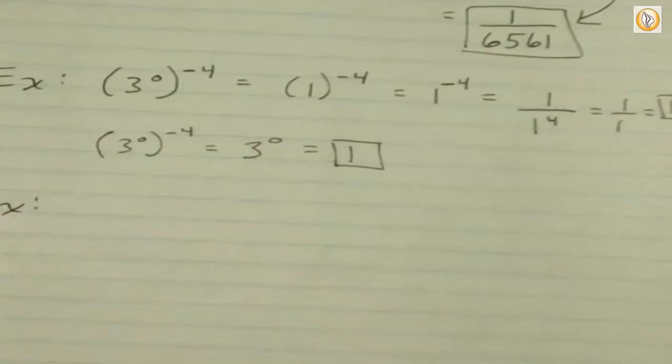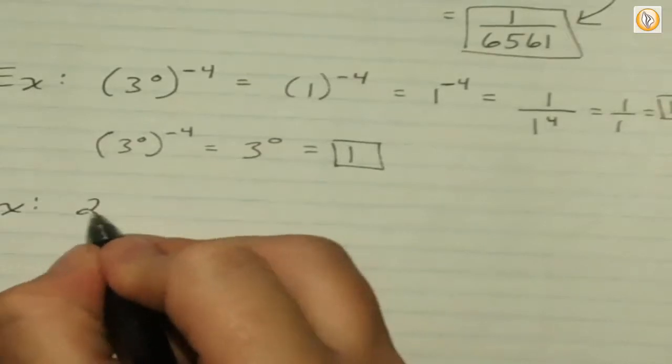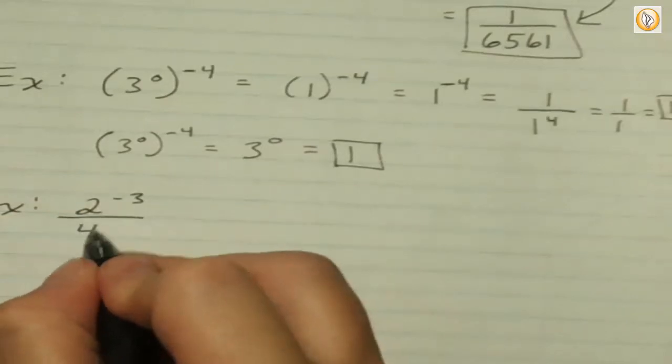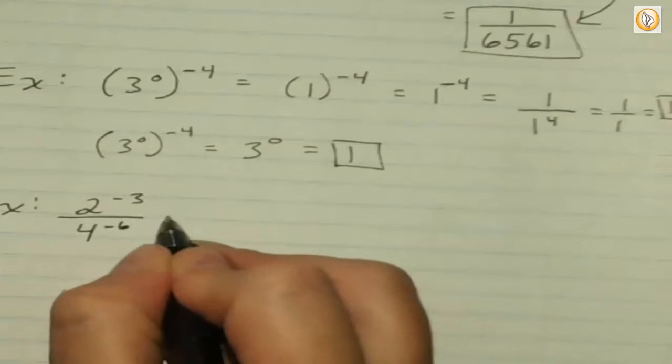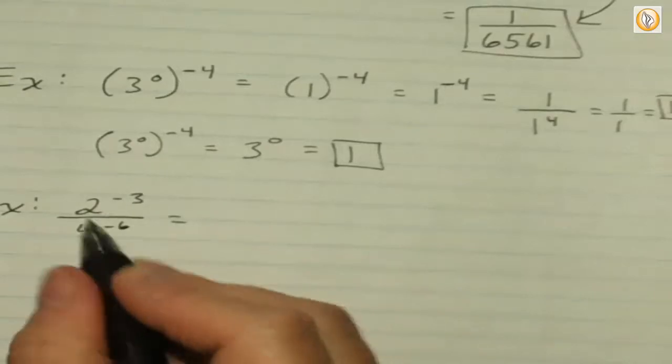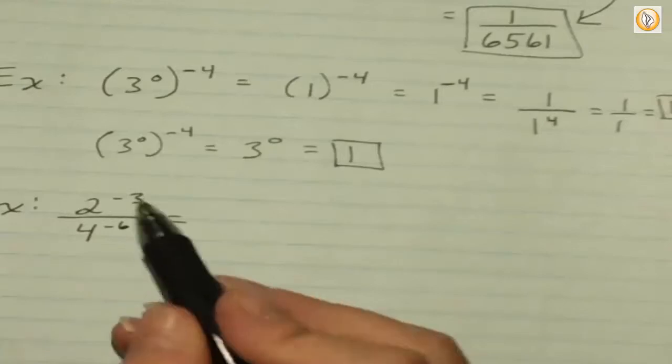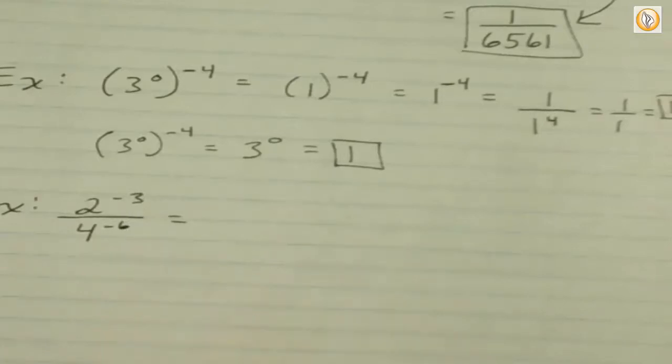All right, another example. What if I have 2 to the negative 3 divided by 4 to the negative 6? Are the bases the same, Emily? No, so we can't combine those. But that's a negative and that's a negative.